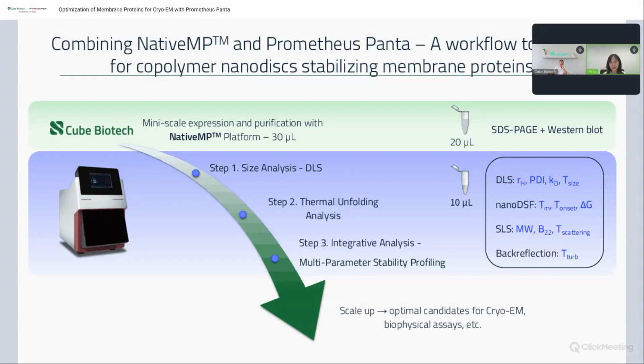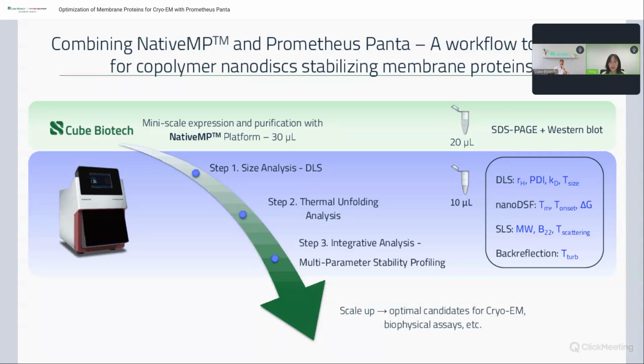And then 10 microliters are loaded into Prometheus Panta to perform, first, step 1, size analysis, which is an isothermal DLS measurement. Then step 2, thermal unfolding analysis, in which all the aforementioned optical methods were applied to monitor the sample simultaneously along a thermal ramp.